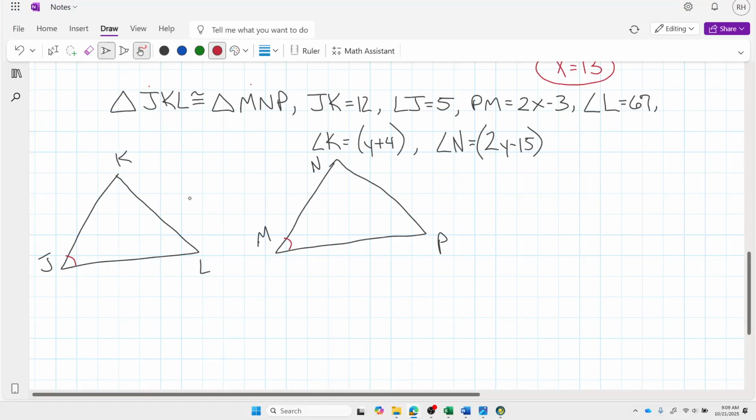J is congruent to M, K to N, and L to P. And then again, we've got JK congruent to MN, KL congruent to NP, and the third sides are congruent. Fill in what you've got next. J to K is 12. L to J is 5.